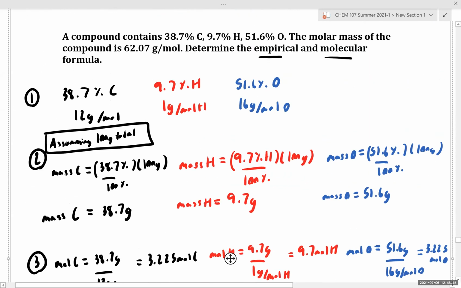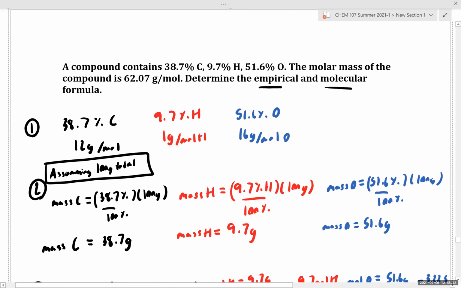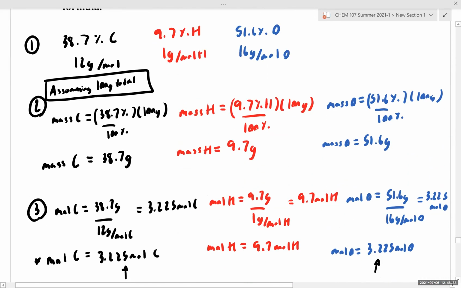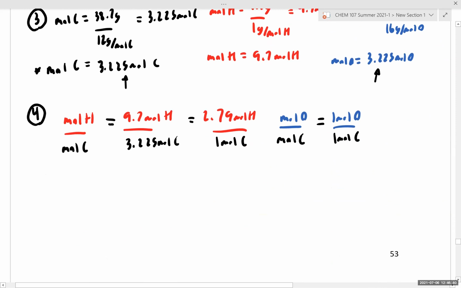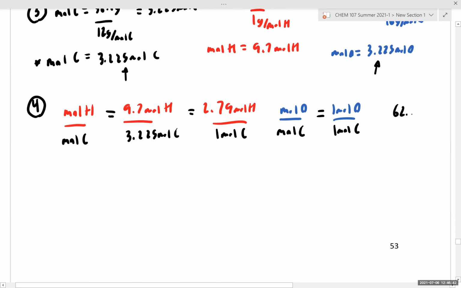Okay, let's take a look now. So our molar mass is 62.07. I'm just going to put that as a note. Okay.